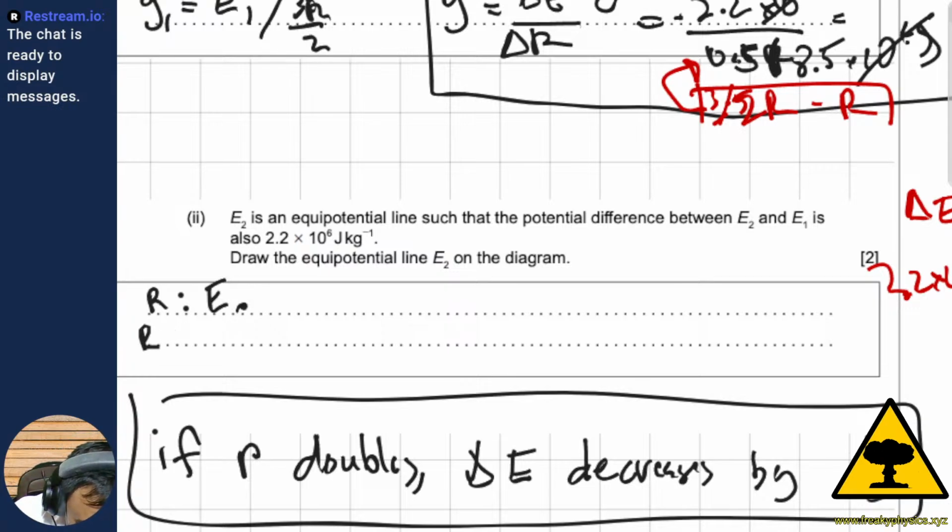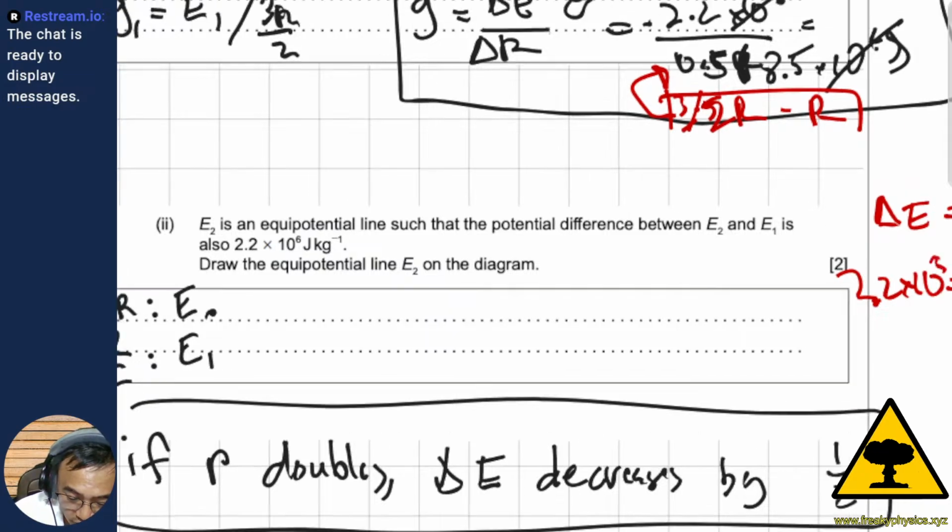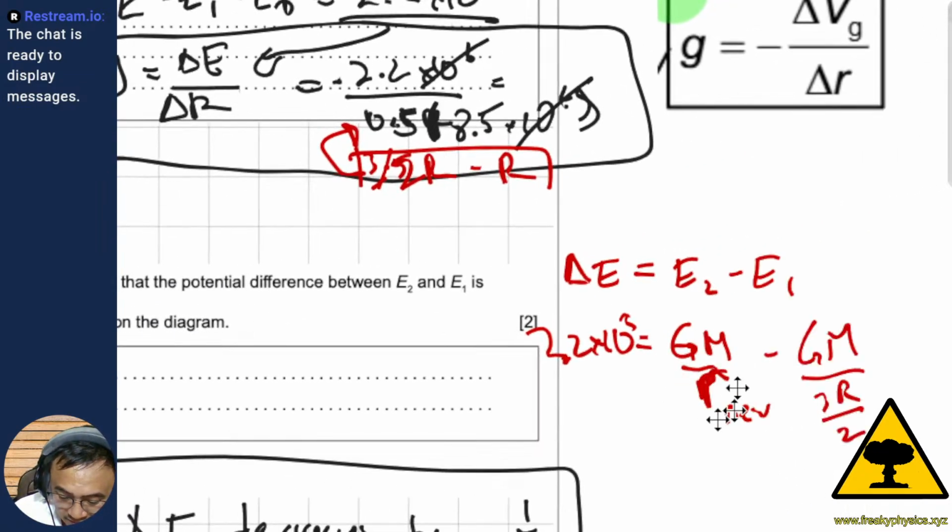Wait, sorry, go ahead. But wasn't E proportional to G R? It is G over R. It's not R. It's over R. So in other words, when you double the radius, you decrease it by 1/2. Okay. All right.